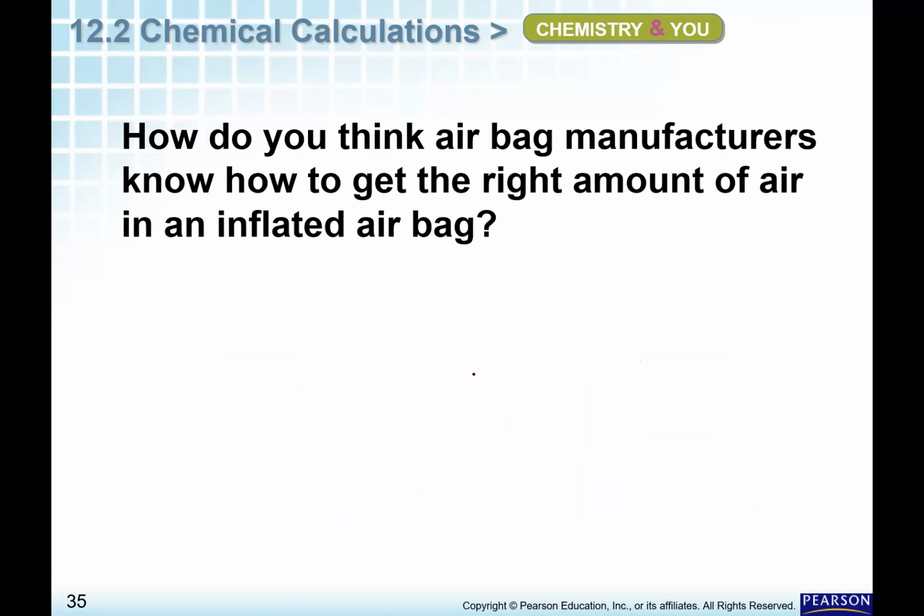Now we're going to go back to the question that we had before, which is, how do you think airbag manufacturers know how to get the right amount of air in an inflated bag? Avogadro's number is used only when the number of molecules is given, right?